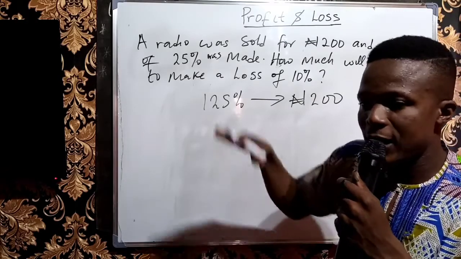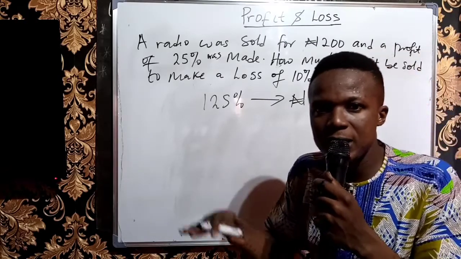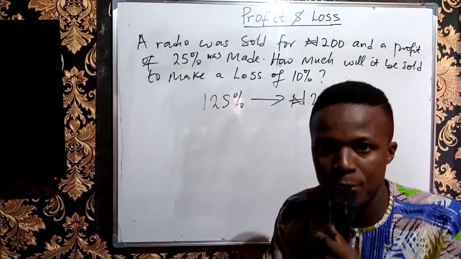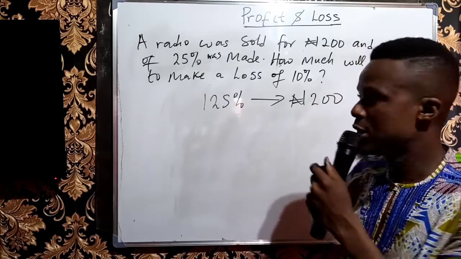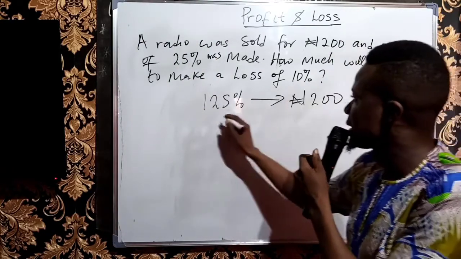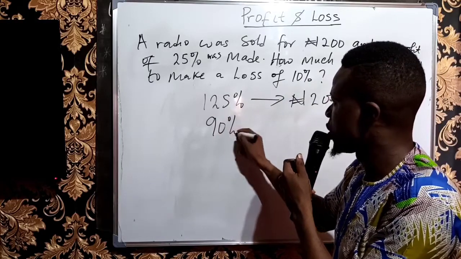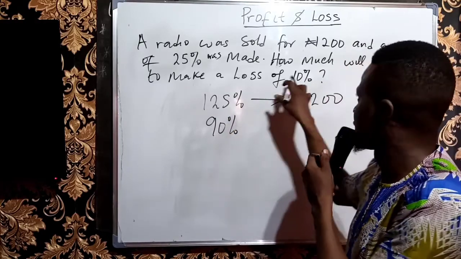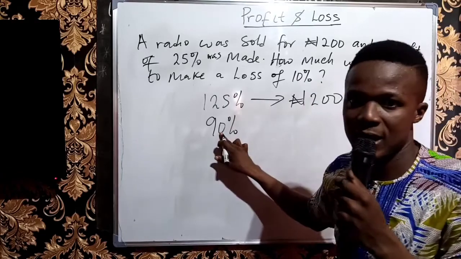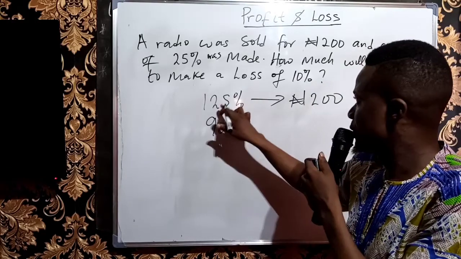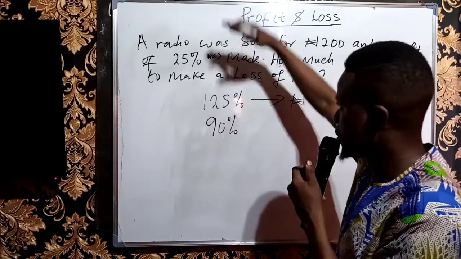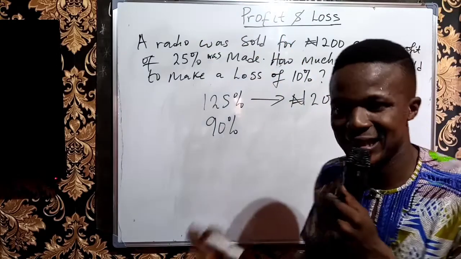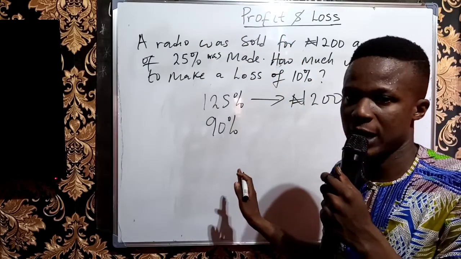For the man to make a loss of 10%, it means he is going below 100%. So a loss of 10% means 90%, because out of 100, you have lost 10 and what is left is 90. Out of 100, if you gain 25, you have 125. That is the idea to tackle questions like this.